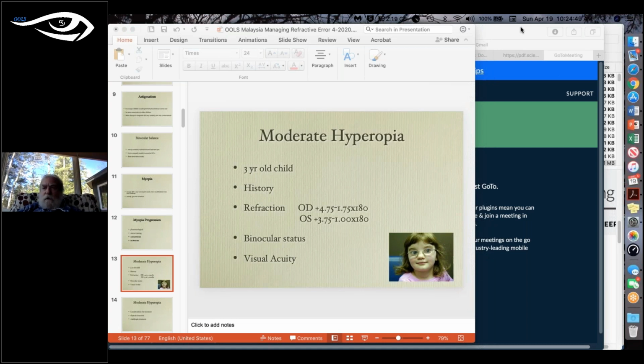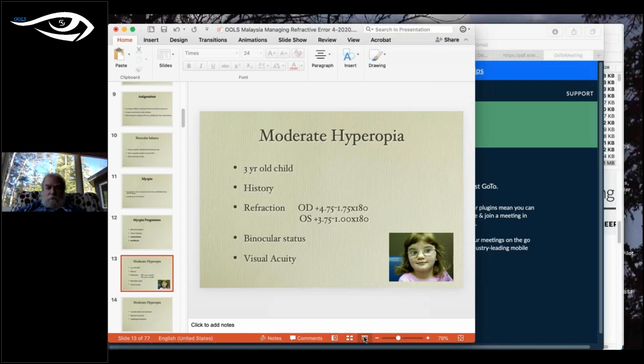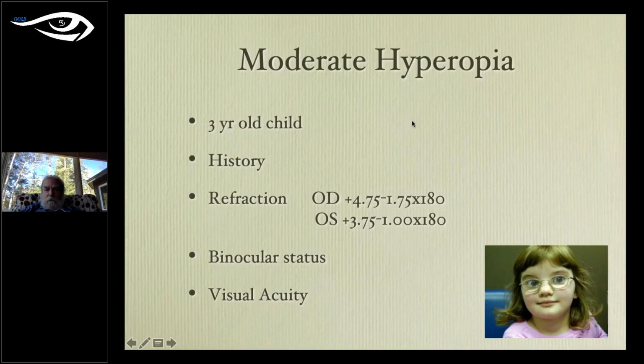I don't know how to make it full screen. Bottom right of the PowerPoint. All right, let me go to that. That one is slideshow. I can't get rid of the other stuff. Is that better? Is that okay now? Yeah, it's okay from our side, but does it bother you, Prof? No, that's fine.